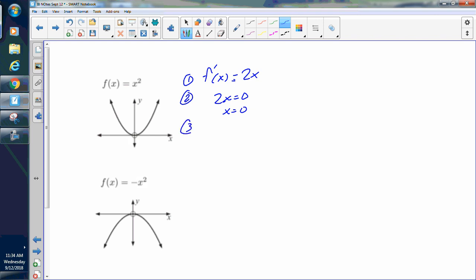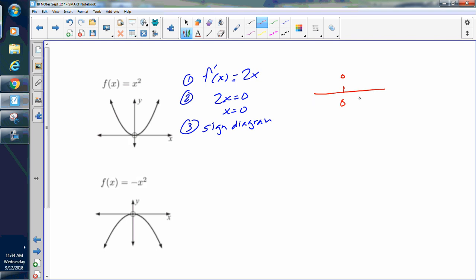The third thing you want to do is make a sign diagram. And it's going to describe what's happening to the derivative. So for us on this one, 0 is a key point. At 0 we have a value of 0. And that 0 has broken the number line into two intervals, to the right of 0 and to the left of 0.